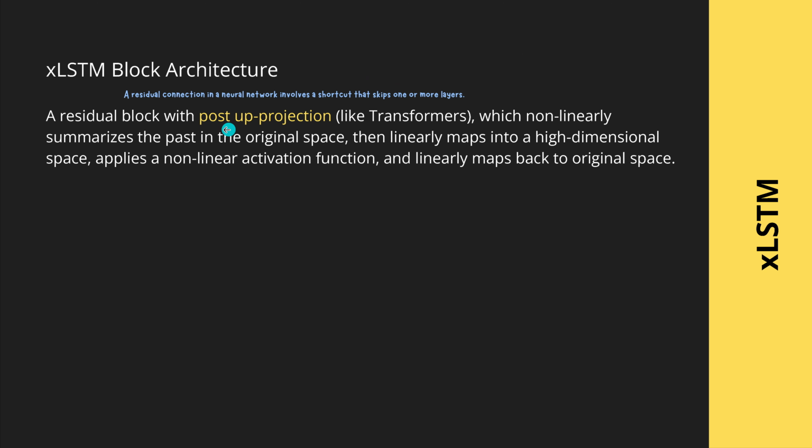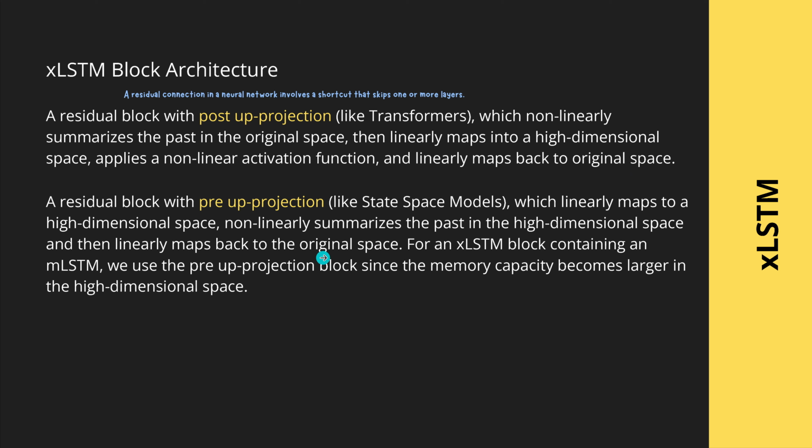We can have a post-up projection, like we have in transformers, with a non-linear summarization of the past in the original space, which then linearly maps into a high-dimensional space, applies there a non-linear activation function, and maps it back to the original space. Or, like in the state space model, we have a pre-up projection where we do everything more or less in the high-dimensional space.